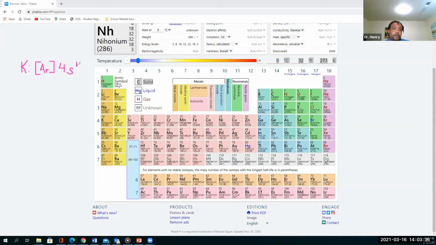So it's just 1 away from being a noble gas. Because it's 1 away from being a noble gas, it's going to want to basically do what to that 1 electron? Give it out. They want to get rid of it. So it wants to lose that electron. And if it loses an electron, it becomes positive, right?